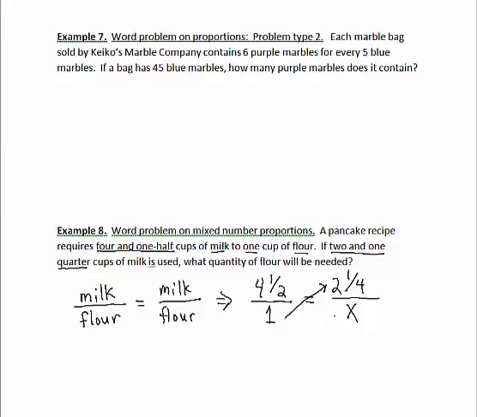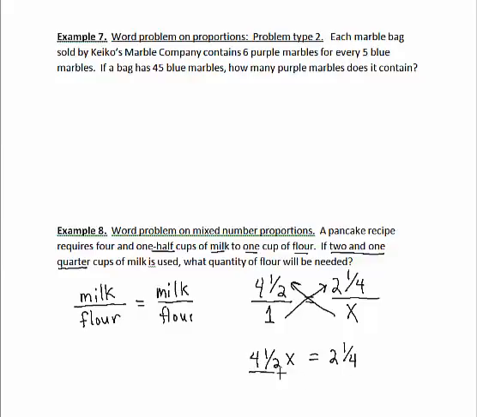If we cross multiply like so, we have x on the left, one times 2 1/4 just gives us 2 1/4 on the right.